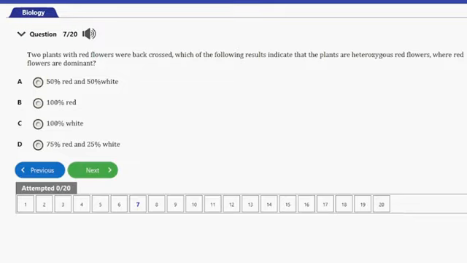And that's because for a dominant gene, if you cross two heterozygotes, you actually have them yielding a ratio of 3:1, which is 75% to 25% if you convert it to percentage.